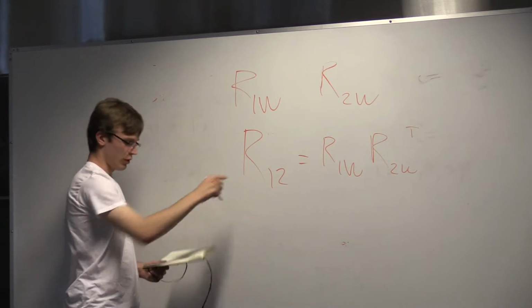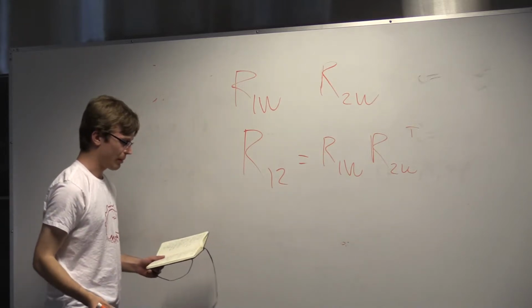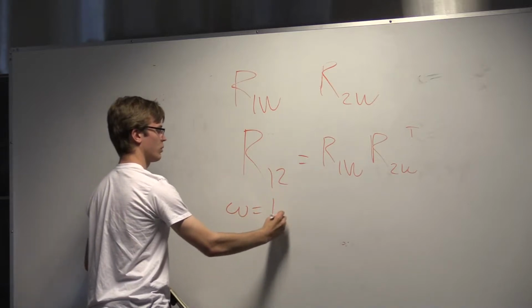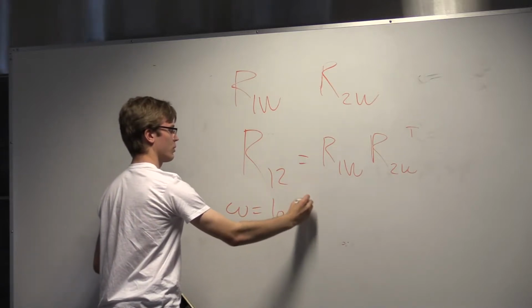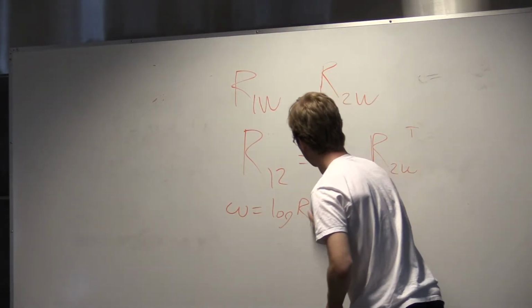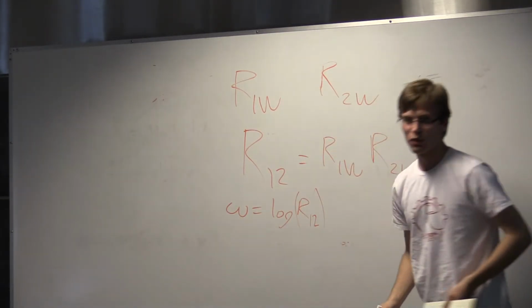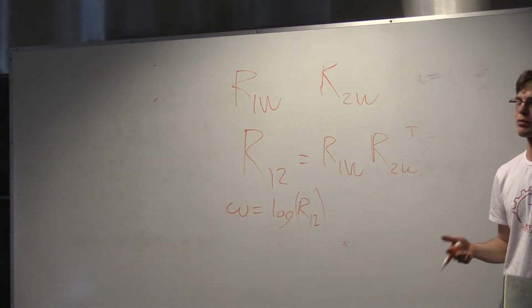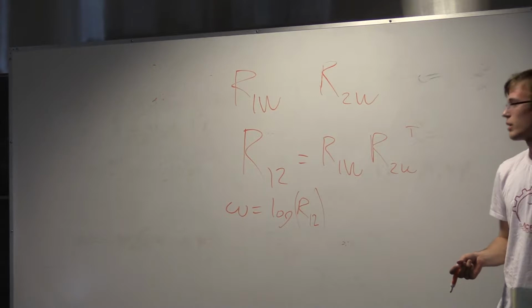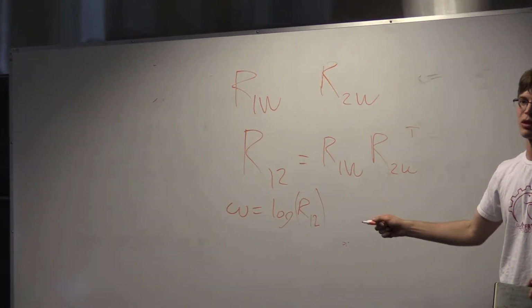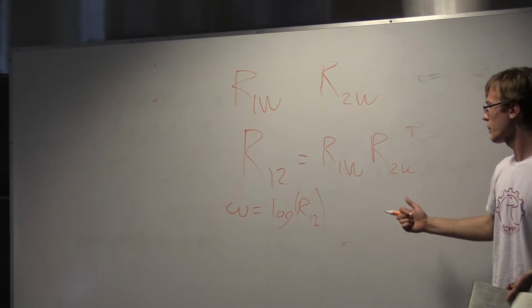And with this, you take the log map of that thing, and once you have it in the algebra, the magnitude of the vector form of it is the magnitude of rotation.